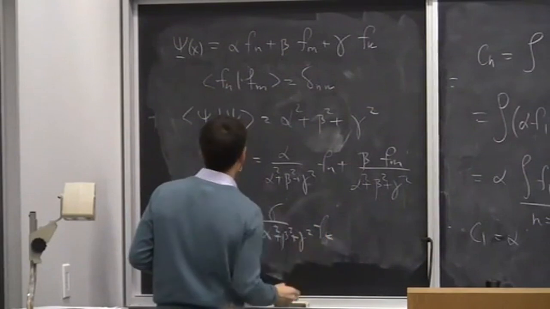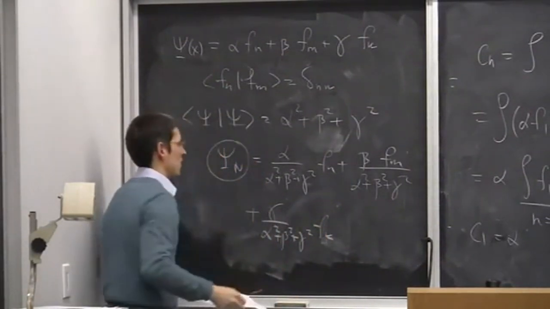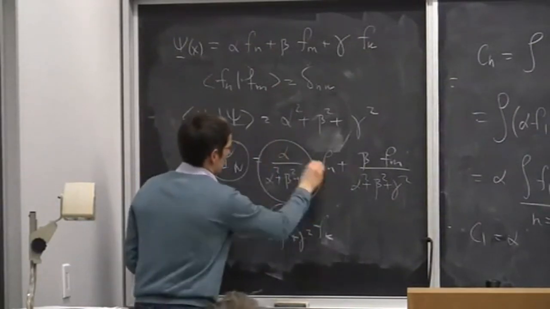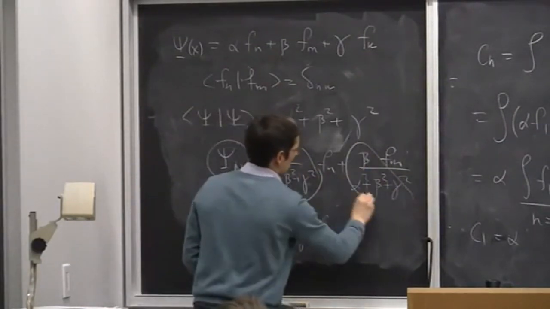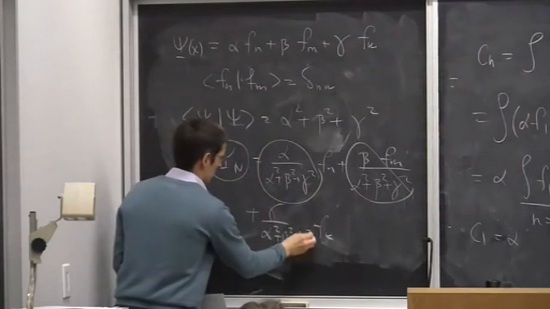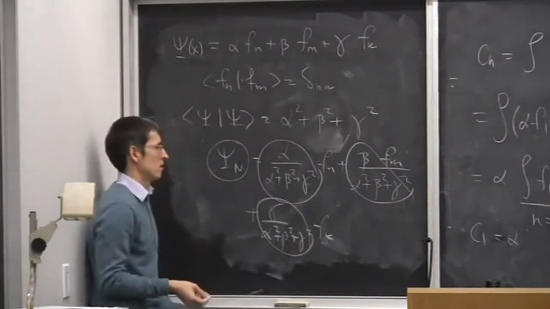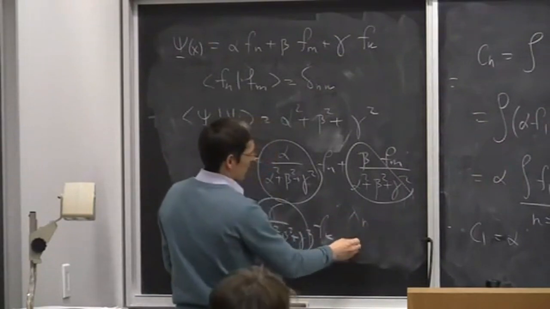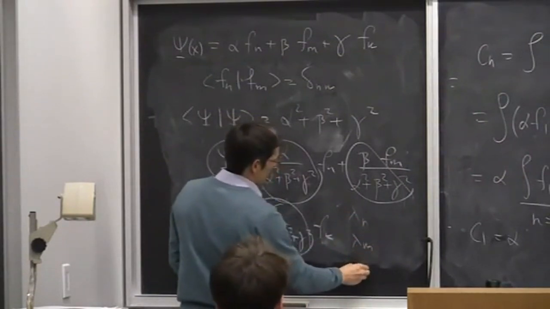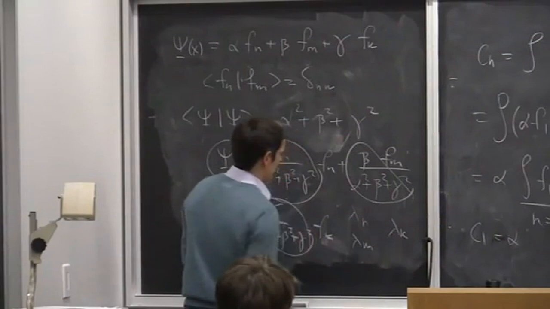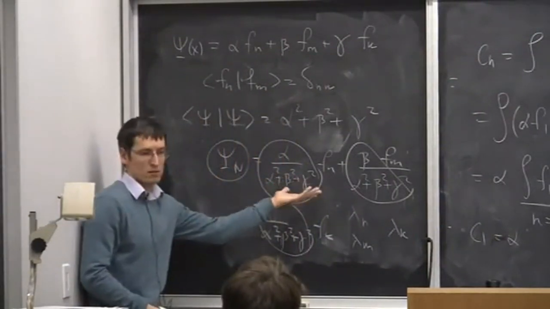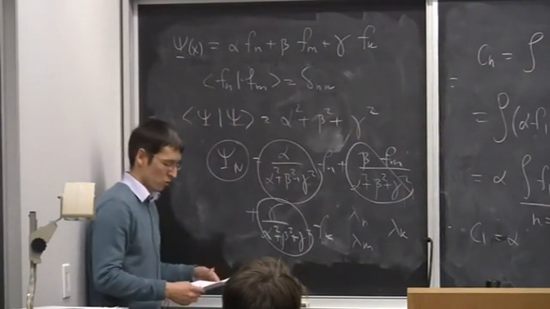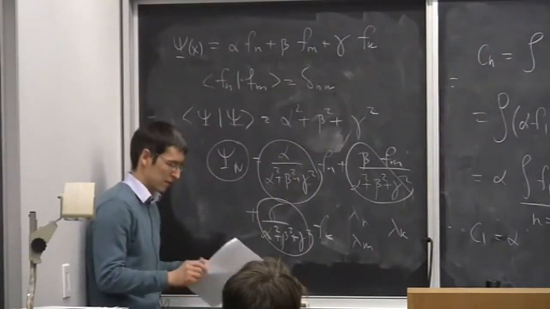That will be a normalized function. And from this, you can easily find that the coefficients are just these ratios, right? And the results of the measurement will be either lambda n, lambda m, or lambda k. And the probabilities will be given by the squares of the coefficients, absolute squares if they are possibly complex.